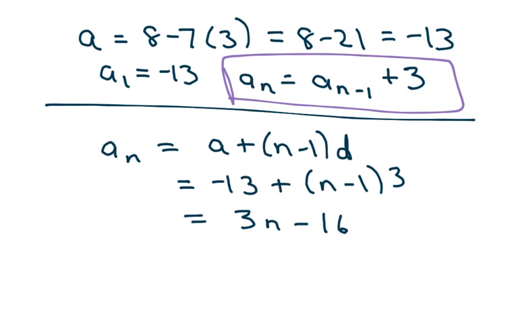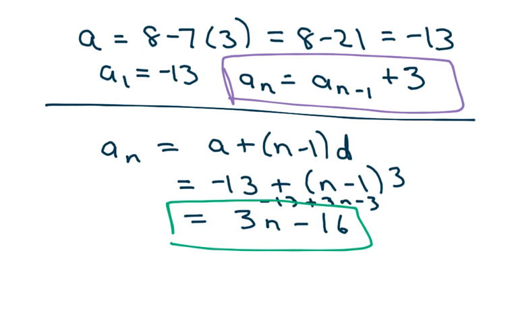Because basically I did right here negative 13 plus 3n minus 3. And that is your nth term. A little different than what we did before, but that's the nth term. Okay? Alright, let's do another one like that.